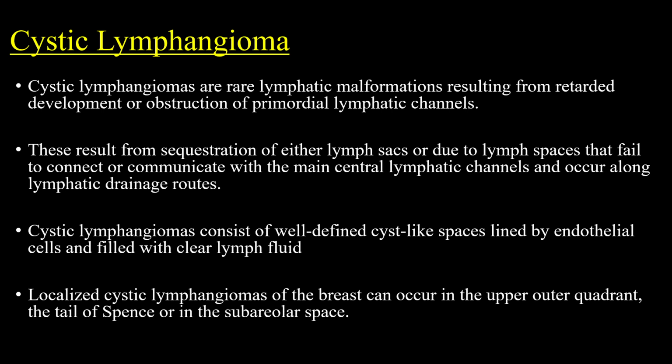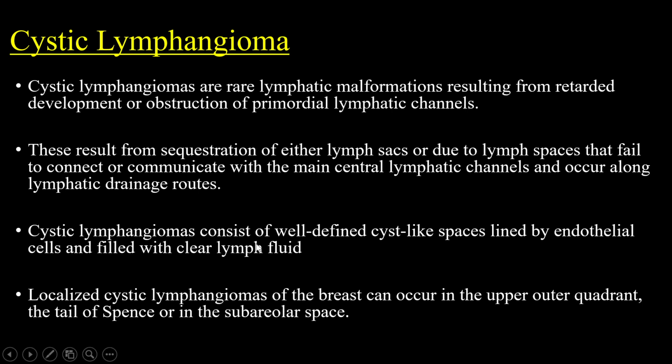Coming to the discussion part, cystic lymphangioma is a variant of diffuse lymphatic malformation. Cystic lymphangiomas are rare lymphatic malformations which result from retarded development or obstruction of primordial lymphatic channels. These are said to result from sequestration of lymphatic sacs, or because the lymph spaces fail to connect or communicate with the main central lymphatic channels, and they tend to occur along the lymphatic drainage routes.